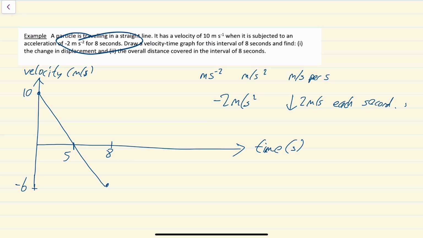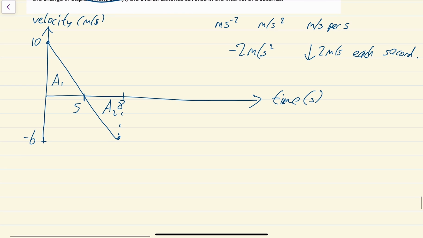Find the change in displacement. Okay, let's work this out. Then we're going to have area 1, and I'll call that area 2. So let's just work all of this out. My area 1, first of all, is just the area of a triangle. So it's a half times the base, which is 5, times the height, which is 10. If you did that out, you'd get 25 meters.